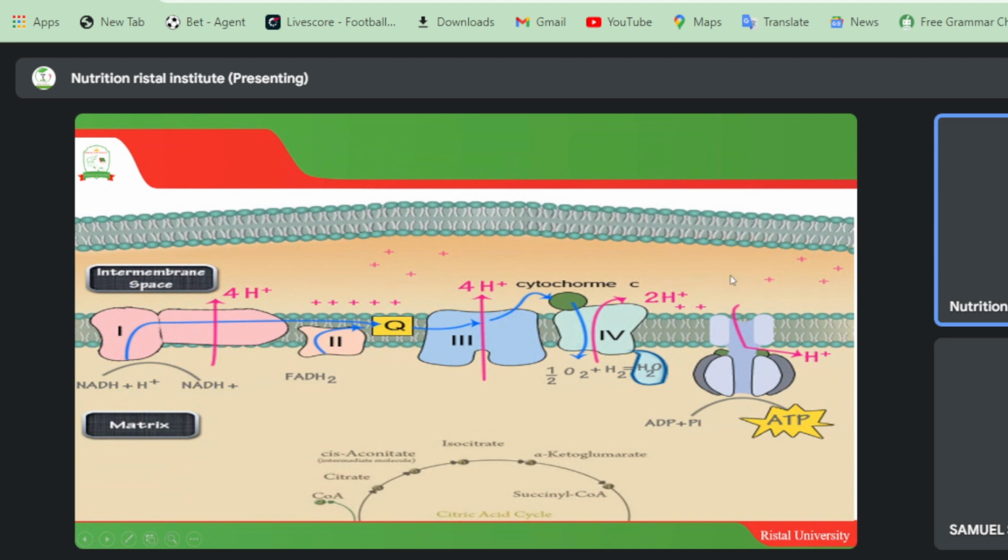So the hydrogen or the protons pass through this and get shuttled back into the matrix to balance the proton gradient. All the energy obtained from it is used to generate all this ATP.